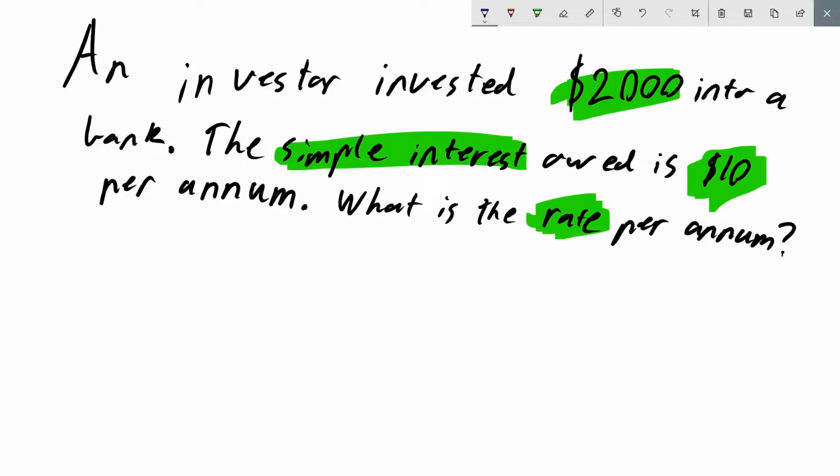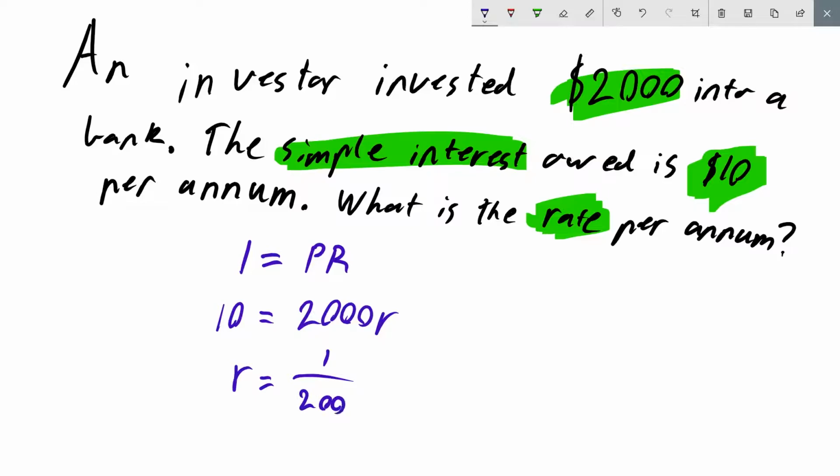So, if you know the simple interest formula, interest equals principal times rate times time, but since we know the interest per annum is $10 and we want the rate per annum, we don't need to worry about time at all. So now we can just sub in the values. So we have 10 equals 2,000, and then we have the rate that we're solving for. So now we just need to divide. So rate equals 1 over 200.